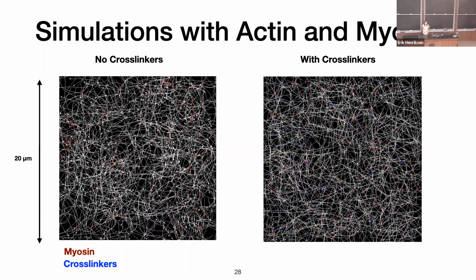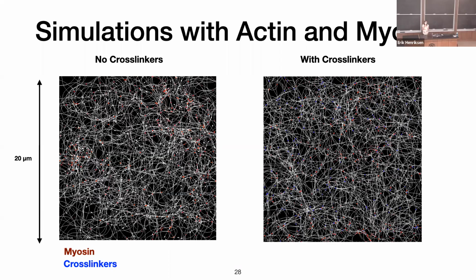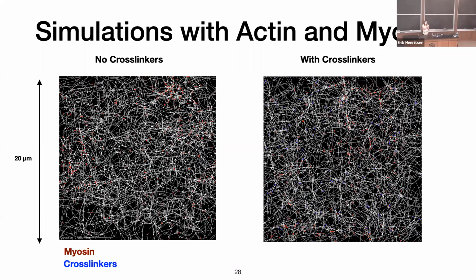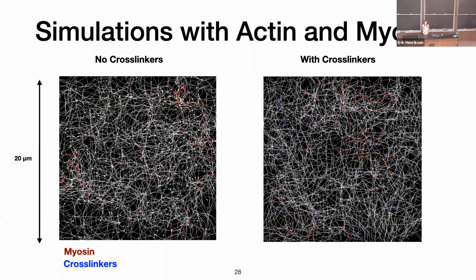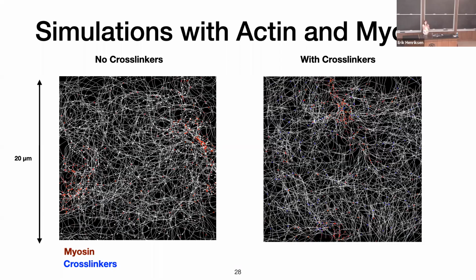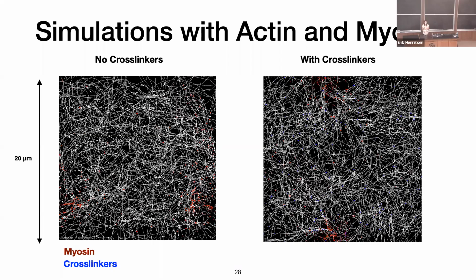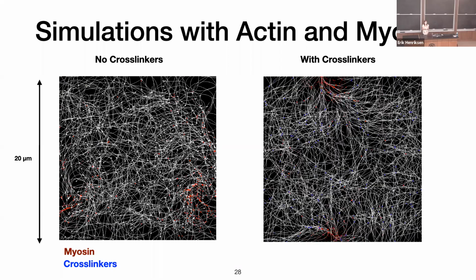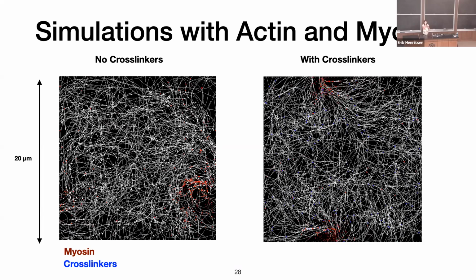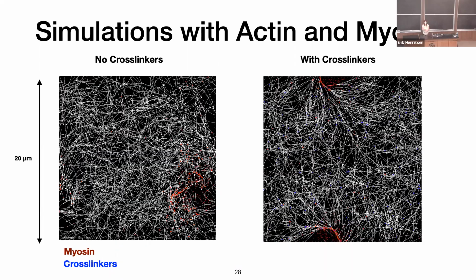So I thought maybe that if you had cross-linkers, that could potentially fix the network so that the myosin couldn't align it into these holes. I thought there's probably a critical value of cross-linkers where you cannot get holes to form. If the network is very rigid, then you can't move things around enough to get a hole.